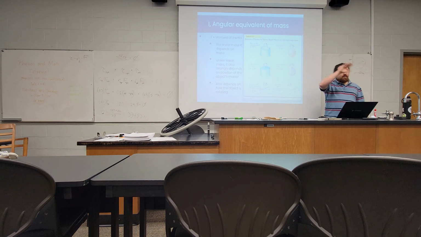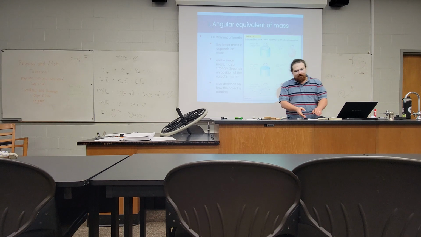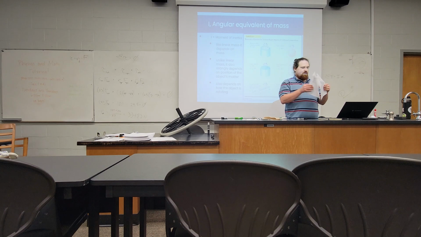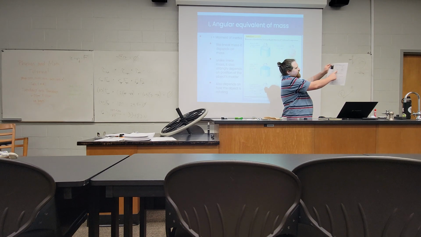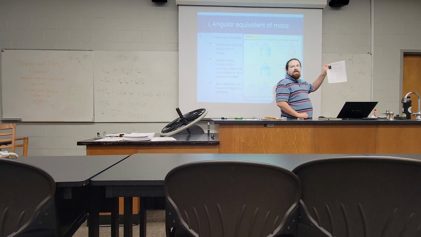Displacement has angular displacement, velocity has angular velocity, acceleration has angular acceleration, force has torque, mass has moment of inertia. They're all counterparts to one another. And it's why on your formula sheet, if you look at these linear formulas here, set against their angular counterparts, wherever you see an m in the linear ones, you've got an I in the angular ones.